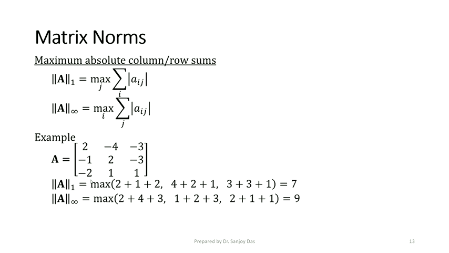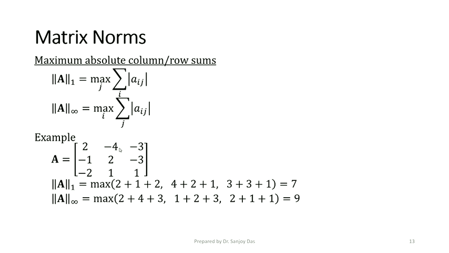Okay, so we take the absolute values of the elements of each column j, sum them up separately. Okay, and then we'll see. So this summation, so what do we get here? This column. So there's the column, take the absolute values 2 plus 1 plus 2.